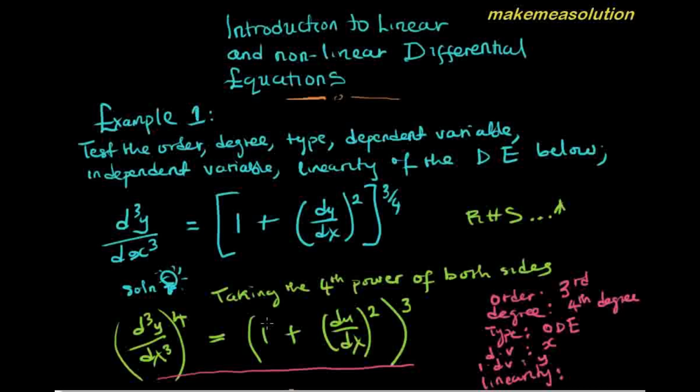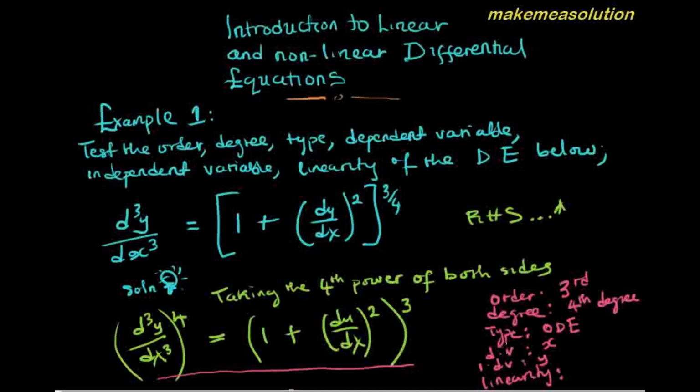Now the criterion that we are going to work with to judge this particular case is the first criterion, that the highest degree of any derivative term present should be 1. Clearly you can see that the third derivative here has a power of 4, and even the first derivative, dy dx, has a power of 2. So these terms do not satisfy the first criterion to check for linearity of a differential equation.